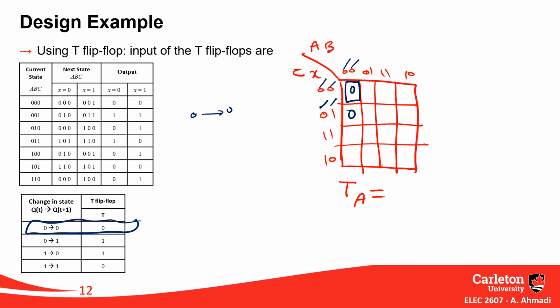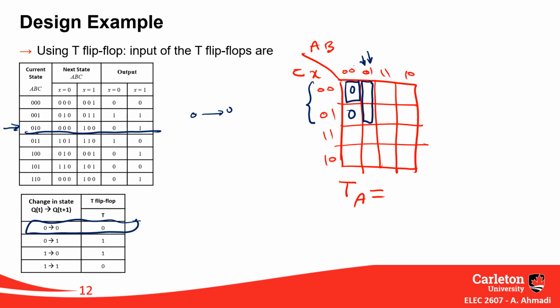Now let's do this row, just for the sake of example. At this row, from A0, B1, C0, these two, so we are talking about these two cells.